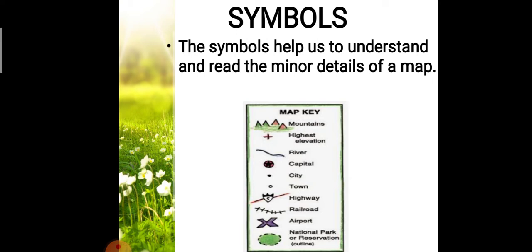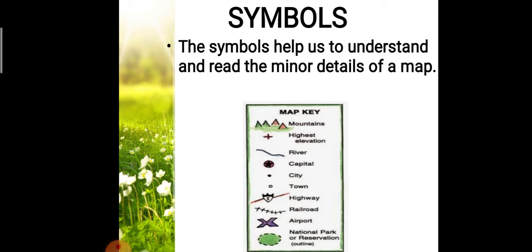So they are shown by using certain letters sometimes, and shades, pictures, lines. These all are symbols. Because using limited space, we can show larger information using these symbols. With the use of these symbols, maps can be drawn very easily and they help us to read them in an easy and simple way.